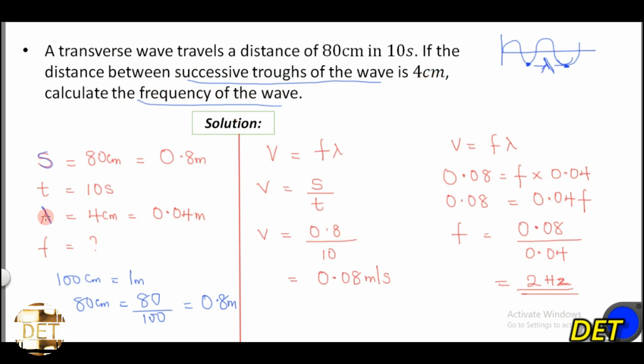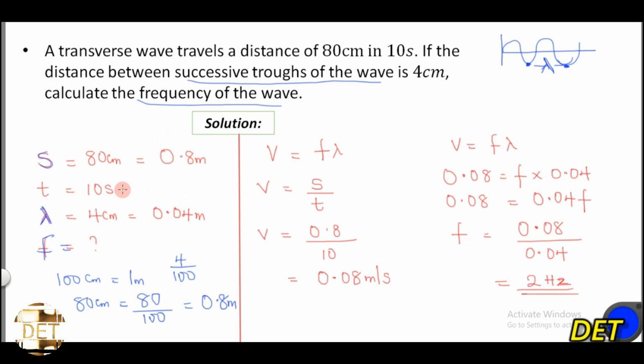So we are given that lambda, which is the wavelength, is equal to 4 centimeters. If you convert that to meters, that will be 4 divided by 100, which gives you 0.04 meters. Then the frequency is what we're looking for. How do we go about solving this?